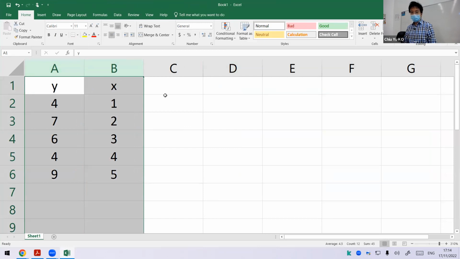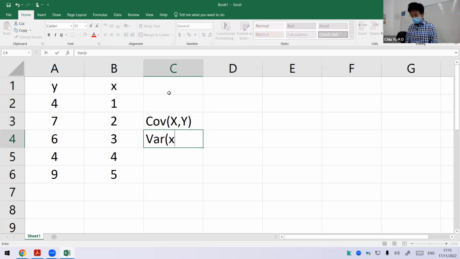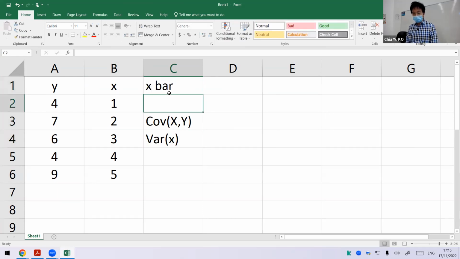The slope can come from covariance over variance. So I'll compute the covariance of X and Y, and the variance of X. We can also compute the mean of X, X bar, and Y bar.